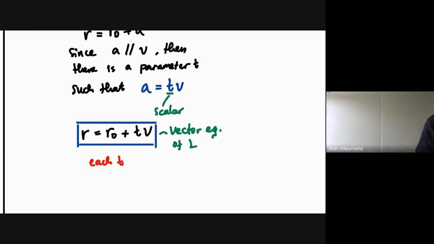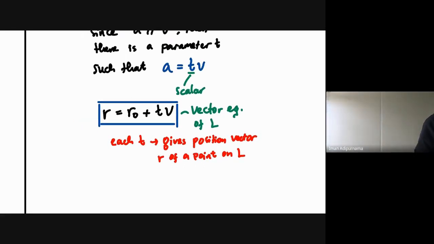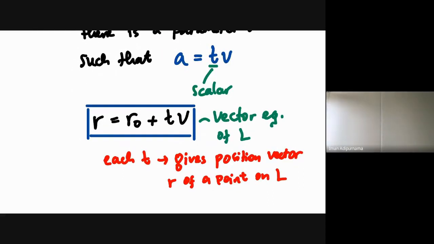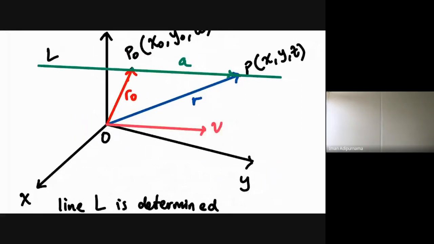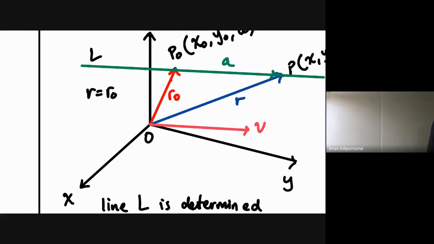And each T gives a position vector R of a point on L. In other words, if you consider T from -2, -1, 0, 1, 2, you will see from the picture here that your R can be traced from here, going up until some point on this L. So if you change the T, let me write again here: R is R0 plus T V.